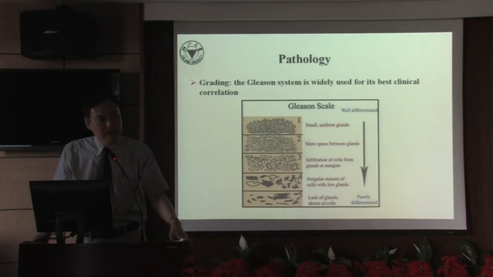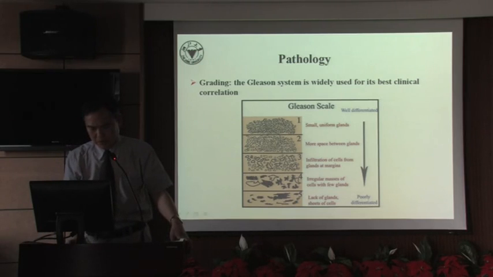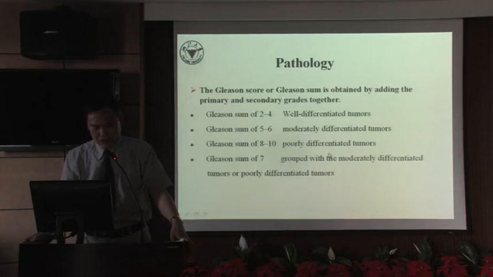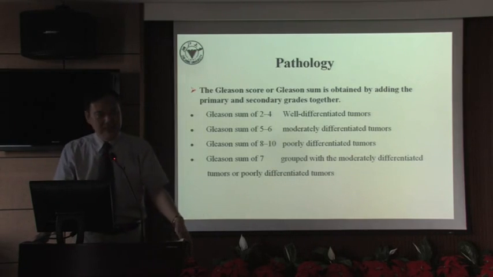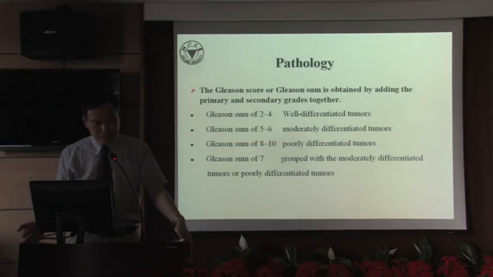So pathologically, how do we grade prostate cancer? The Gleason system is widely used for its best clinical correlation. The Gleason scale is from 1 to 5. And the Gleason score, or Gleason sum, is obtained by adding the primary and secondary grades together.